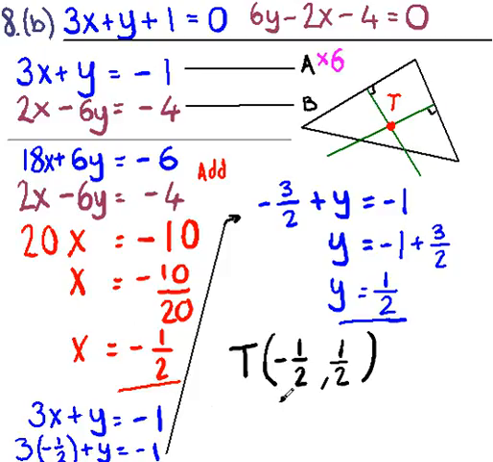If we want to check that this is in fact the correct answer, what we need to do is substitute minus a half in place of x in equation B and a half in place of y in equation B, and hopefully we get the answer minus 4. So first of all, 2 times minus a half, and we can do this in our head. 2 times minus a half is minus 1.